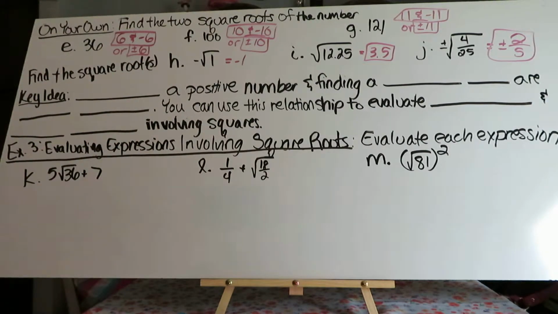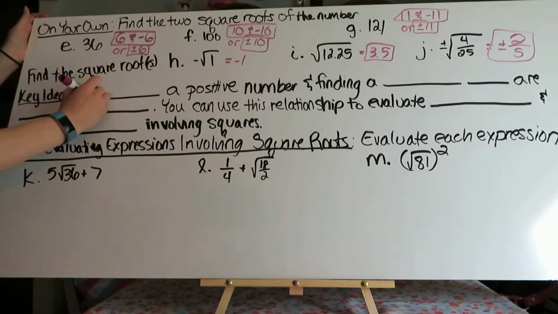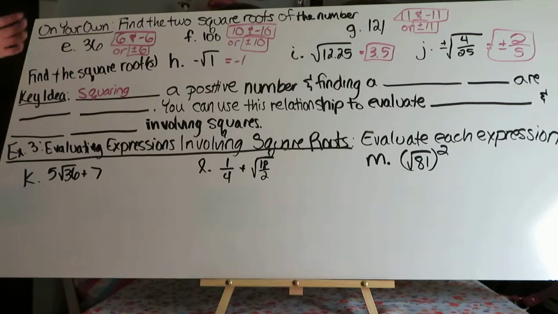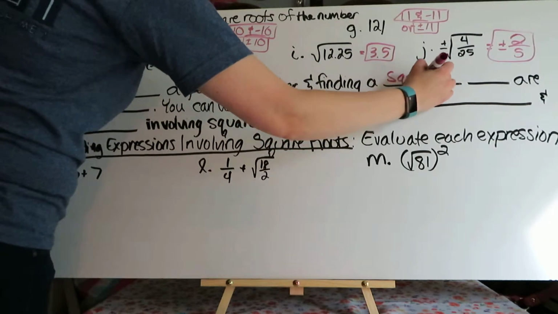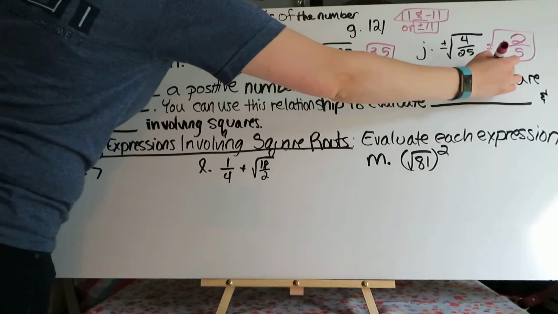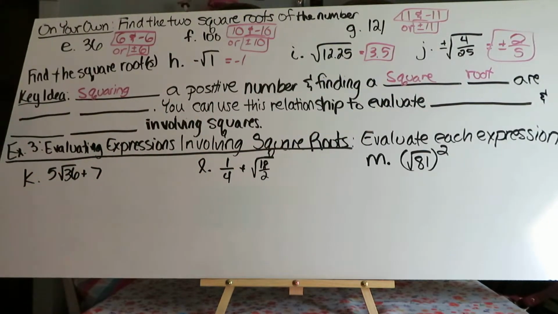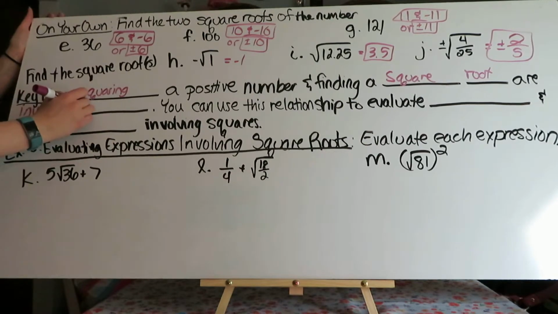So the key idea: squaring a positive number and finding a square root are inverse operations.